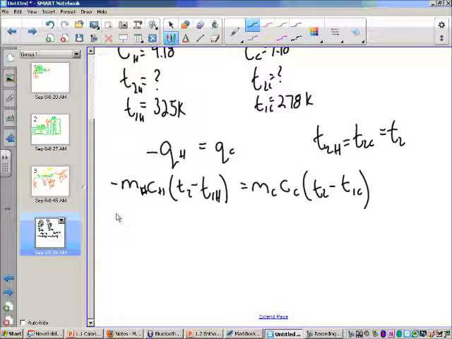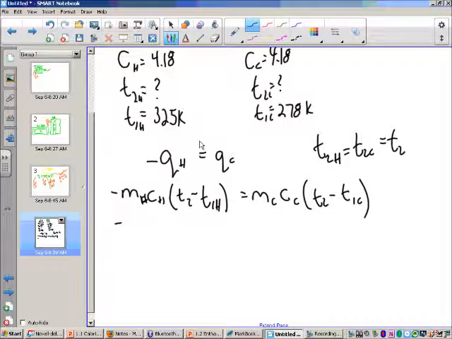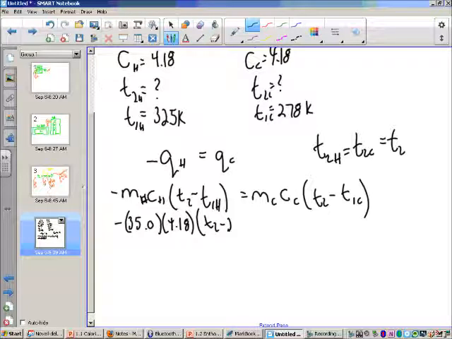Let's put our information in. Minus, and what was that mass? I can't move my screen up, can I? 35? 35.0. 4.18 T2 minus 325. 325.